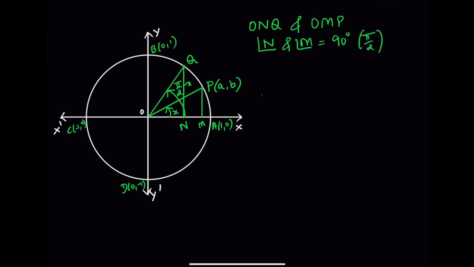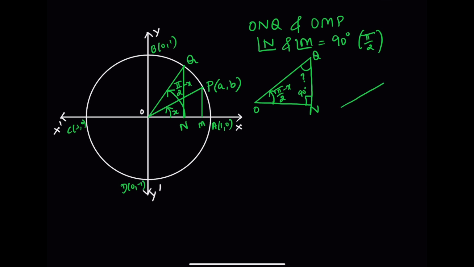Now let's draw those two triangles separately so that it's easier to analyze. So this is ONQ. ONQ has pi by 2 minus x, 90 degrees or pi by 2. We don't know the value at angle at Q.